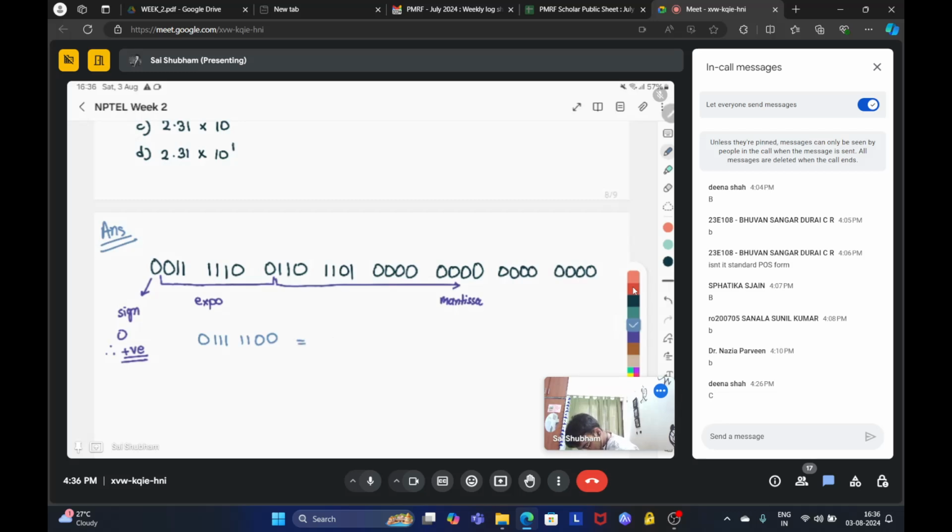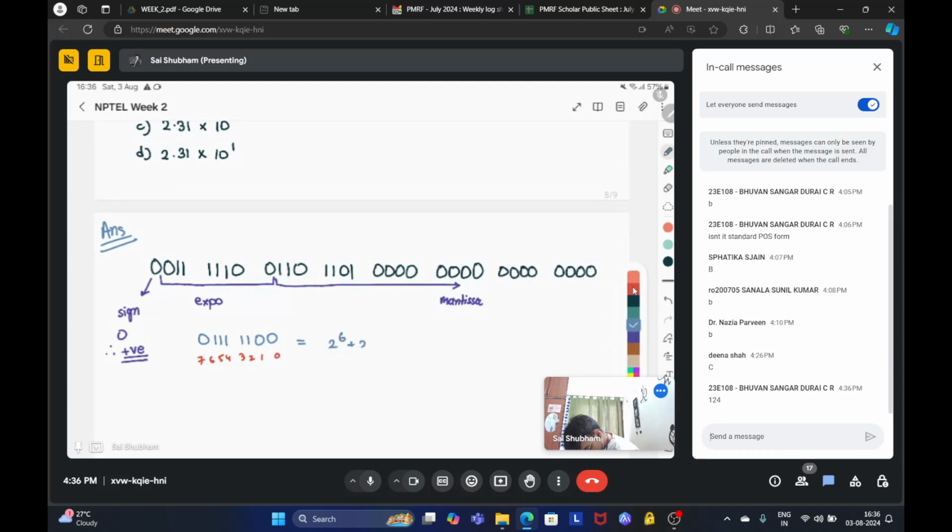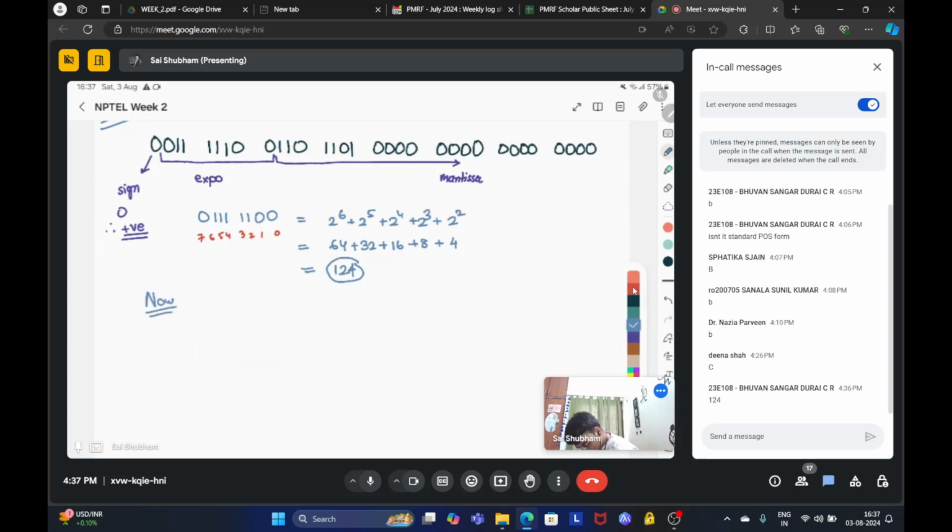This is equal to... now we have to subtract the bias to get the exponent.